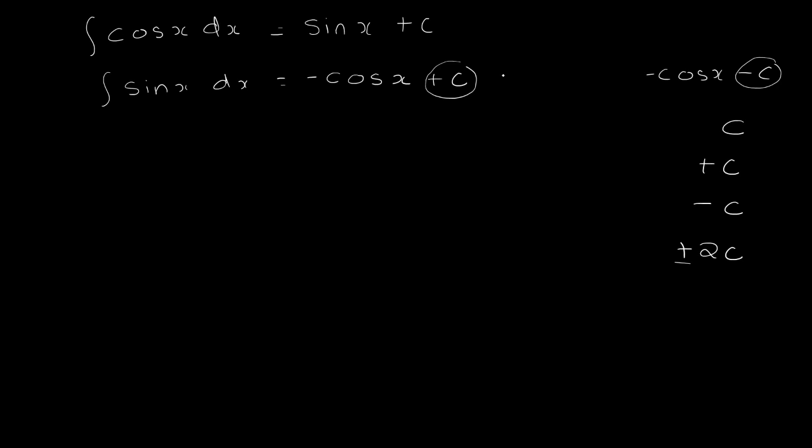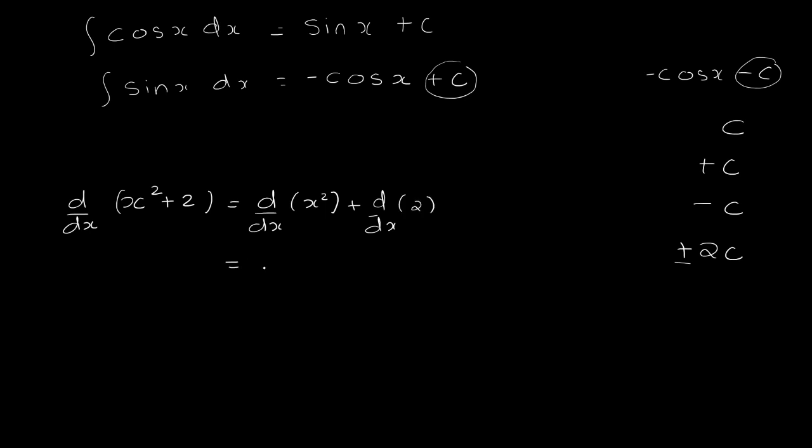Now I'll tell you the significance of that. Take any example. The derivative of x square plus 2 is d by dx of x square plus d by dx of 2, that is 2x plus 0, therefore 2x.